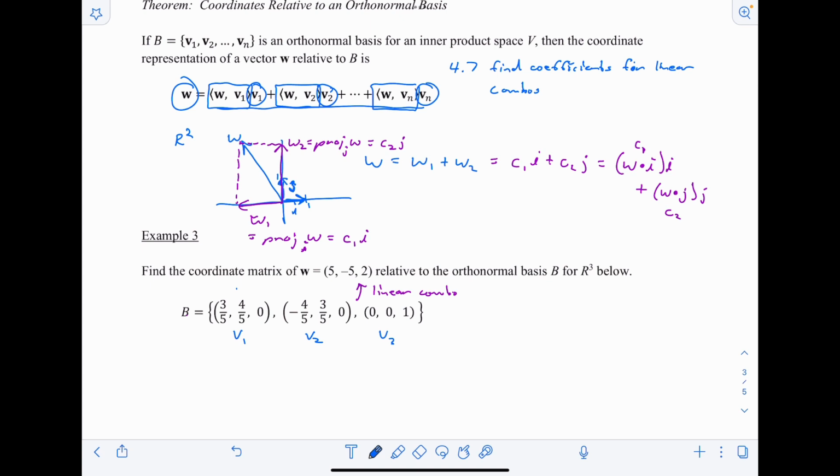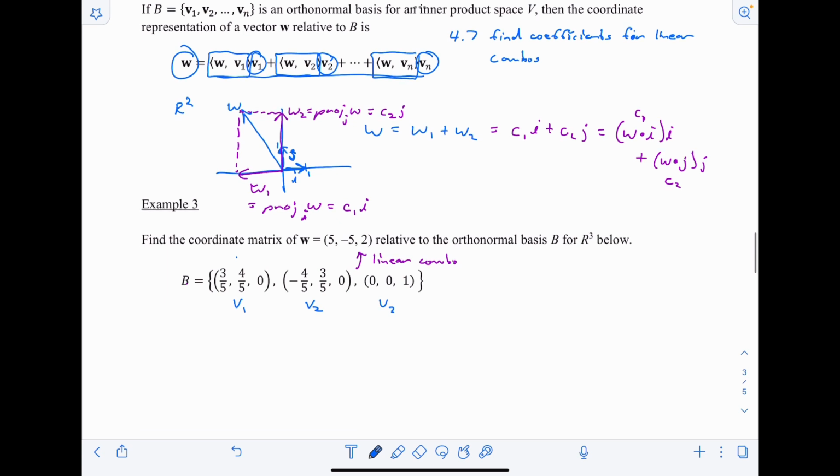I just need the coefficients or the scalars in front of them. So I just really need the dot product of W and V1, the dot product of W and V2, and the dot product of W and V3. So with W dot V1, that is going to be 5 times 3/5 is 3.